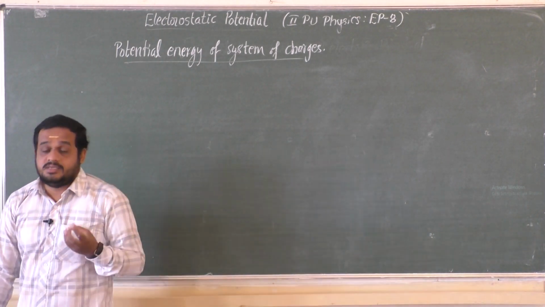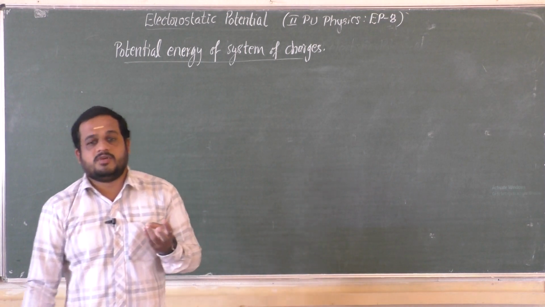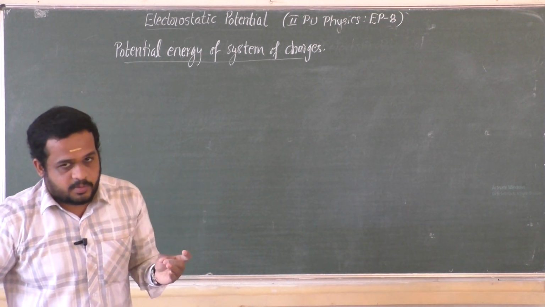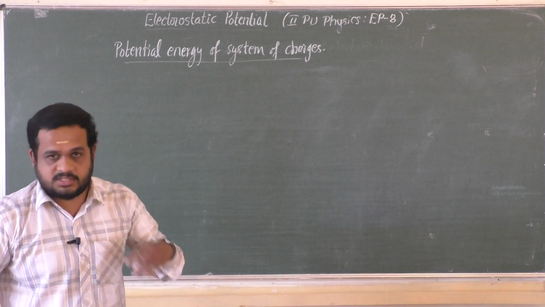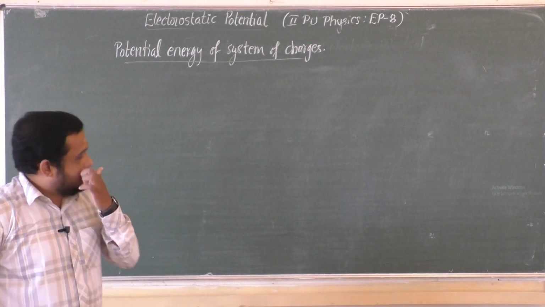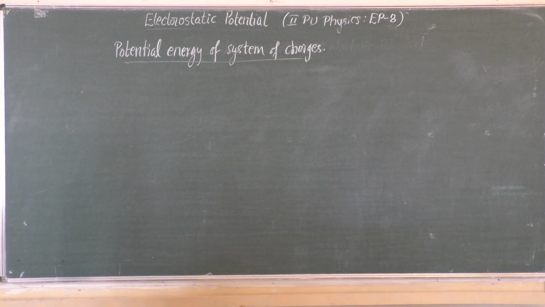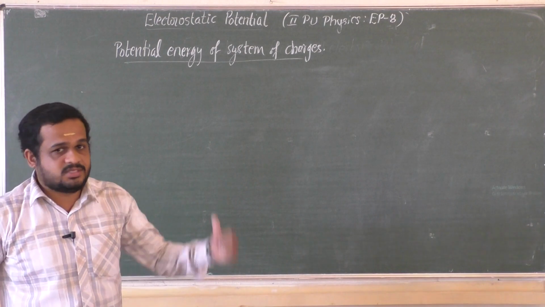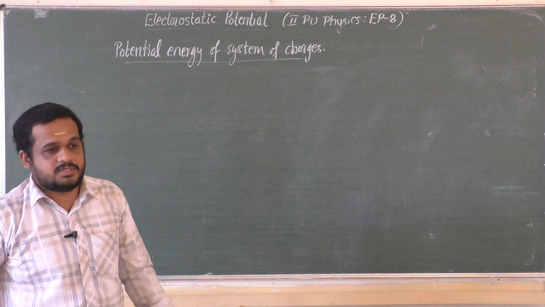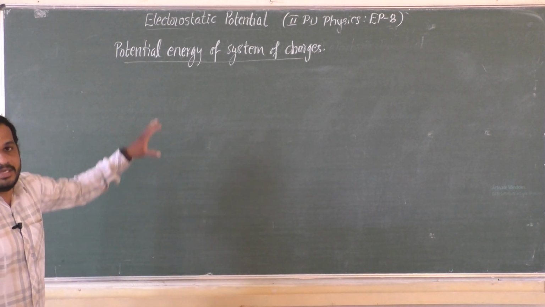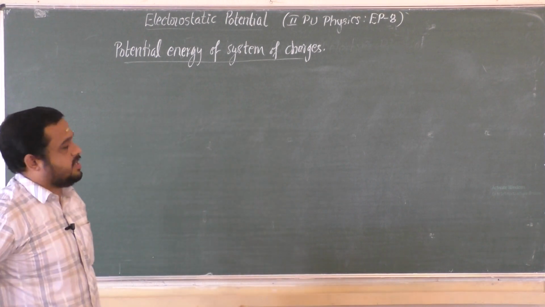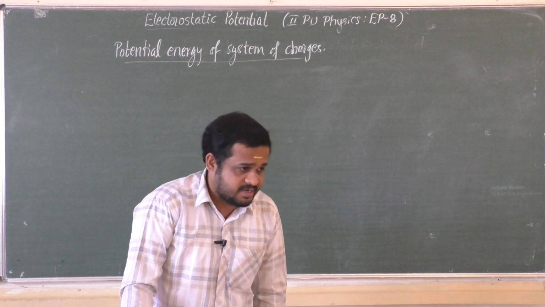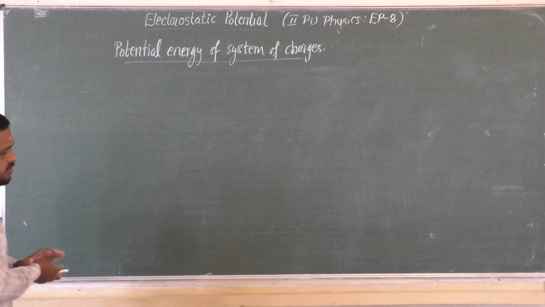Next, we considered the superposition principle in which we calculated the electric potential due to n number of charges. The next concept is potential energy of system of charges. It is not the potential energy of unit positive charge, it is the potential energy of system of charges. Expression for electrostatic potential energy or electric potential energy of system of charges.